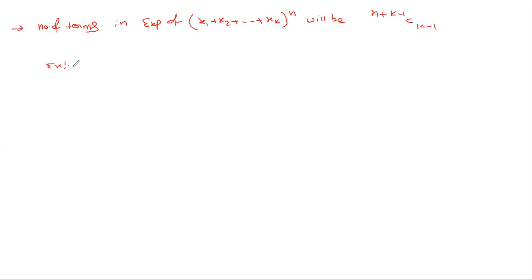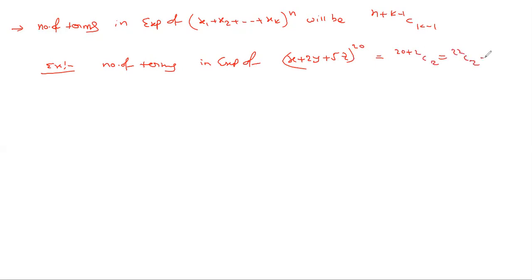For example, the number of terms in the expansion of (x + 2y + 5z)^20 will be (20 + 2) C 2, that is 22 C 2. Okay, that's it.